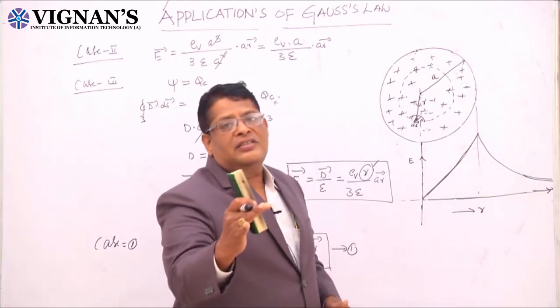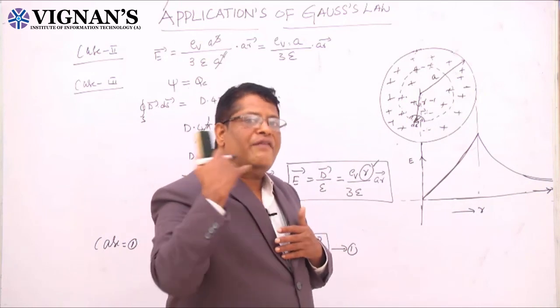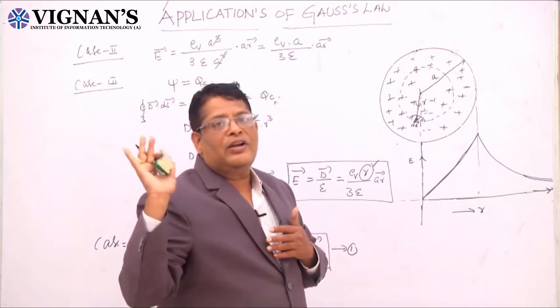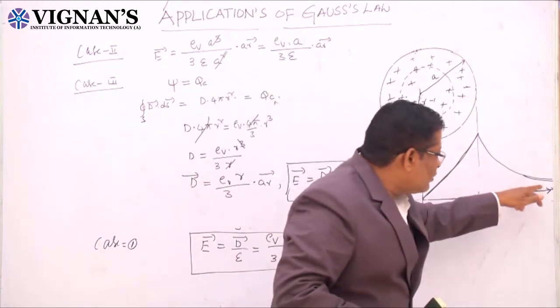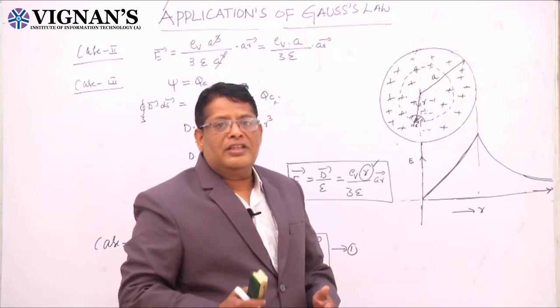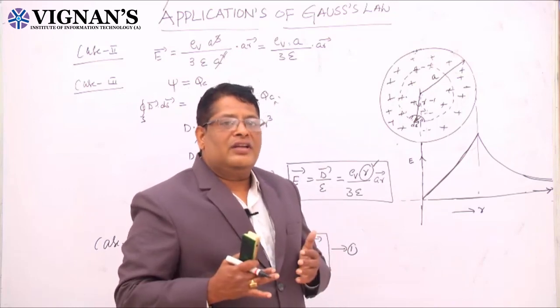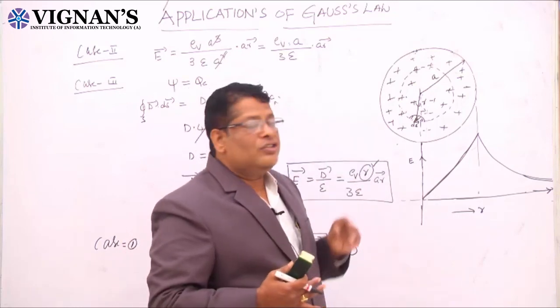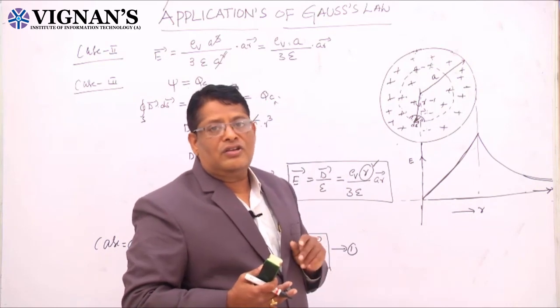After some distance, if the point is very far away from the sphere, there is no electric field intensity. Finally, the graph comes to 0. That is, there is no electric field intensity very far away from the charged sphere.